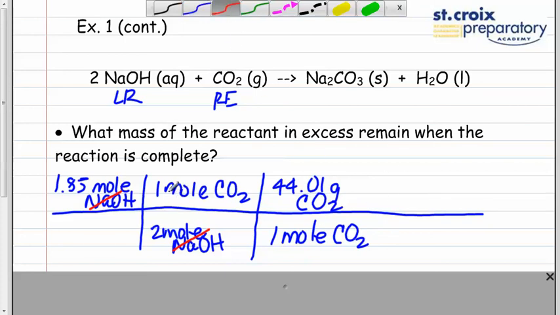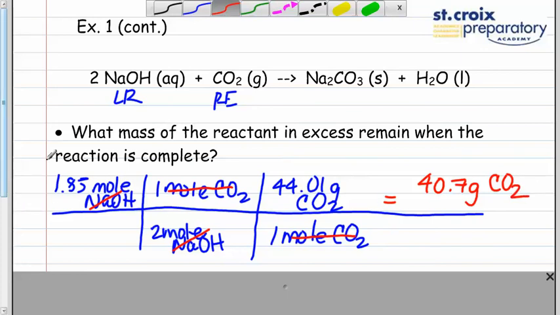So if I stop right here, you can see that I'm in grams of carbon dioxide. If you run that through your calculator, you're going to find that your total is 40.7 grams of CO2.